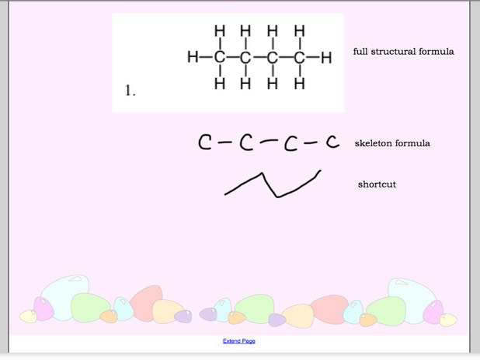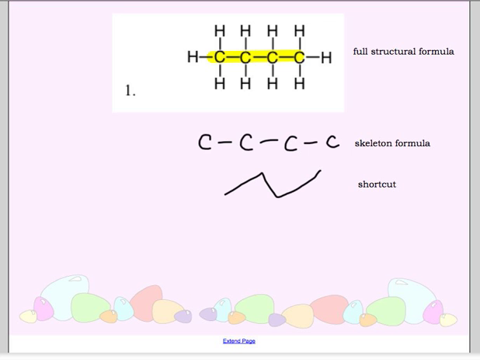But again, if we want to do the steps, the first step is we have to find our longest chain of carbons. Now this one's really not hard because there are only carbons that we really care about. There's nothing hanging off of it other than hydrogen, so we don't have to worry about that. And there's no weird things going on there. So all we have to do is find out how we are going to name 4 carbons.